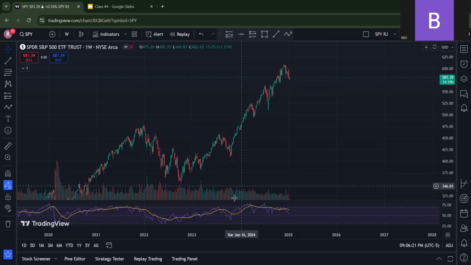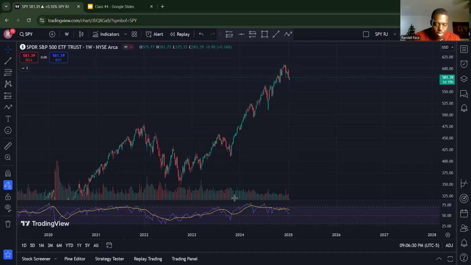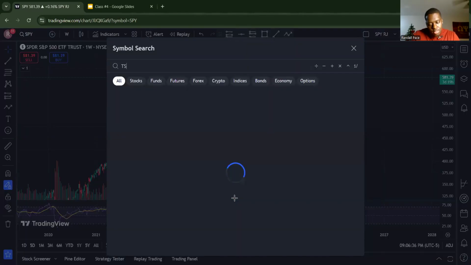Could you go over the pennant pattern? Do you have any more examples of a pennant pattern? Let me see. Something had a pennant before.